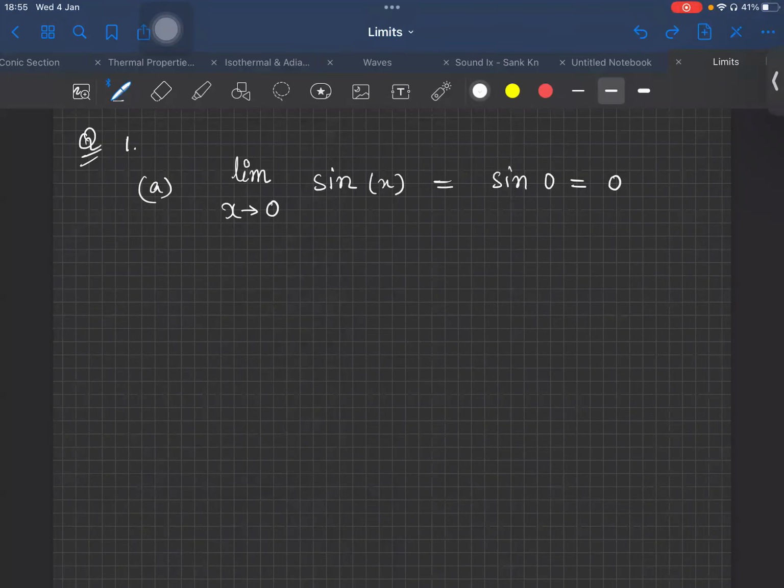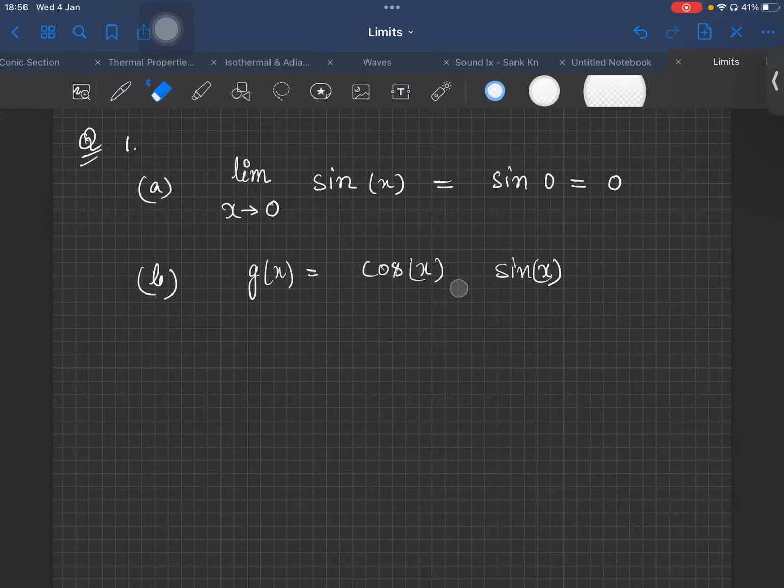So this is limit. Next one: let's say the function y is equal to g of x, which is equal to cos x plus sin x.